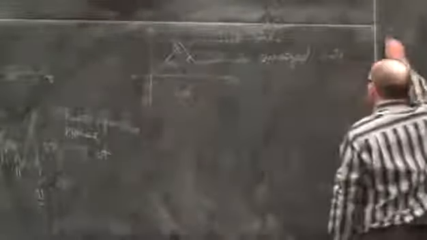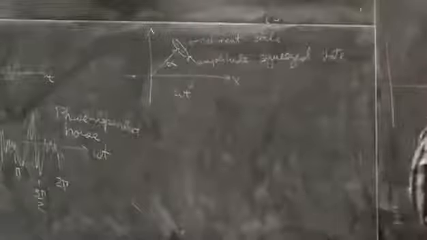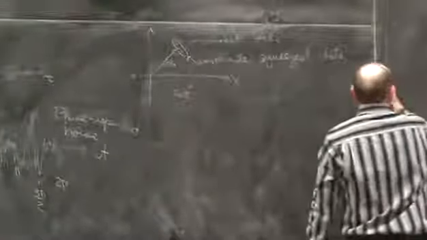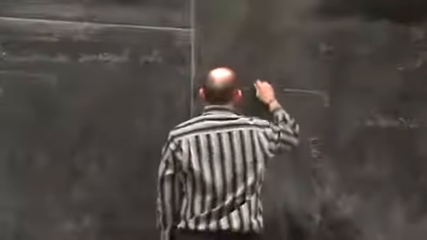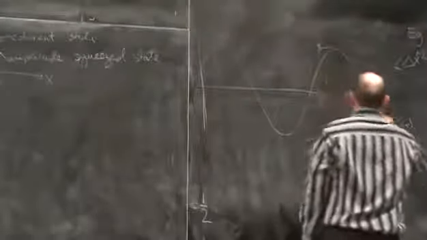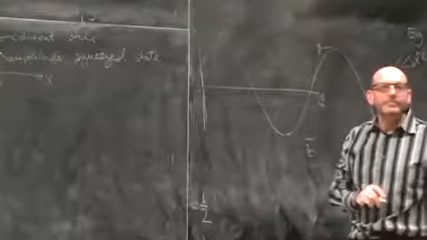So what it will look like is the following. Again, the mean field is just the harmonic oscillator.